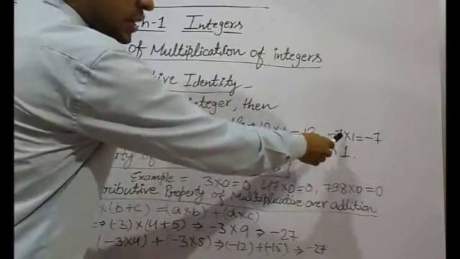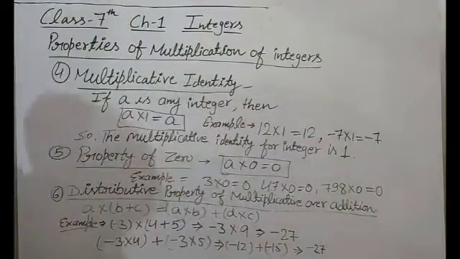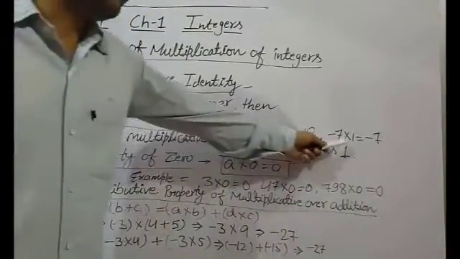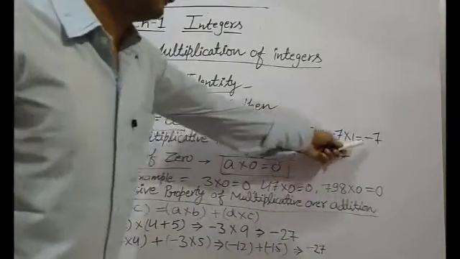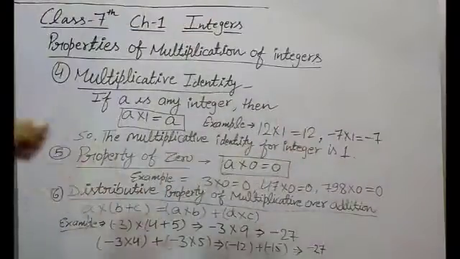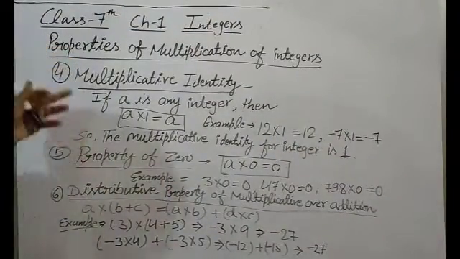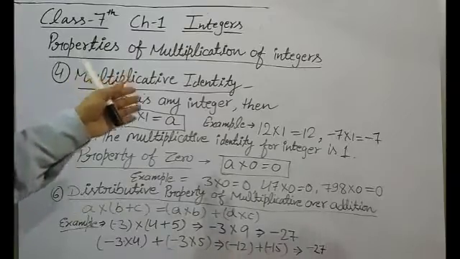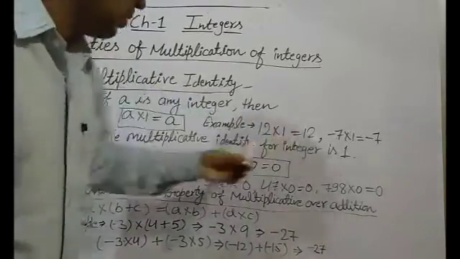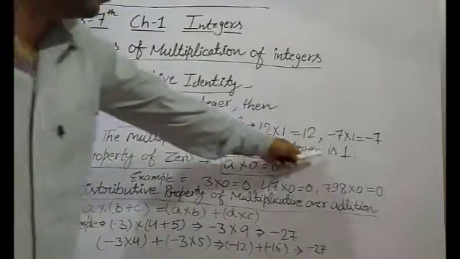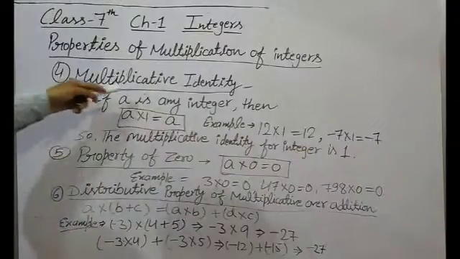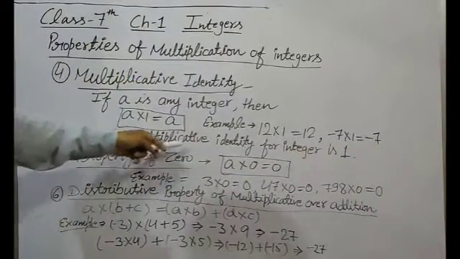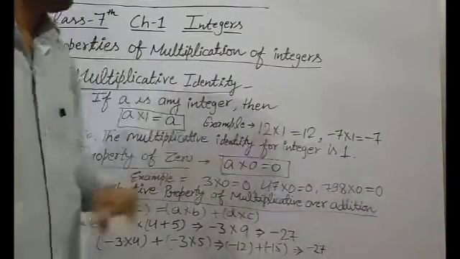And another integer is -7. When we multiply -7 by 1, we get -7. So the multiplicative identity is the same number coming back. So we multiply by 1 to find the multiplicative identity. So the multiplicative identity for integers is 1.